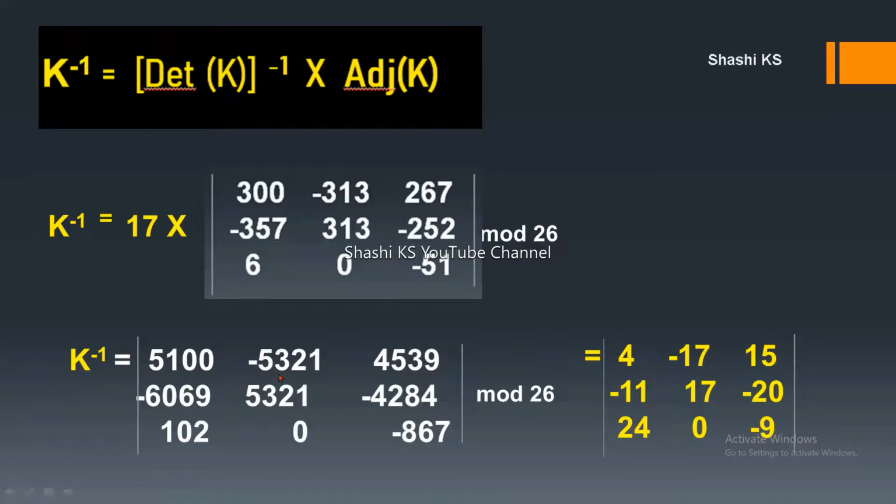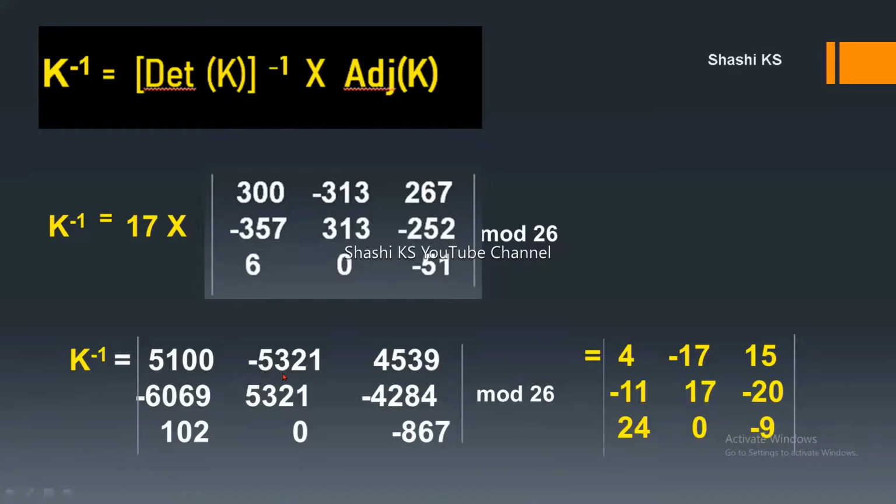But for negative numbers, when you do a modular operation, you have -5321 mod 26. So how will you do it? Do it in the normal way as though it is a positive integer. Do 5321 mod 26, but then attach a negative sign to the result.